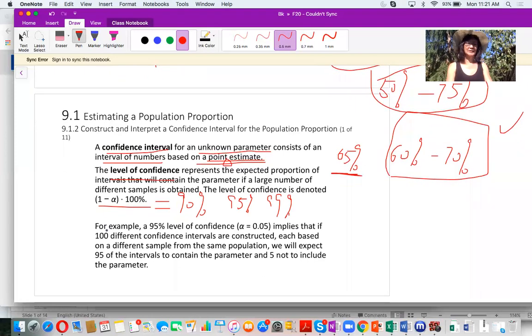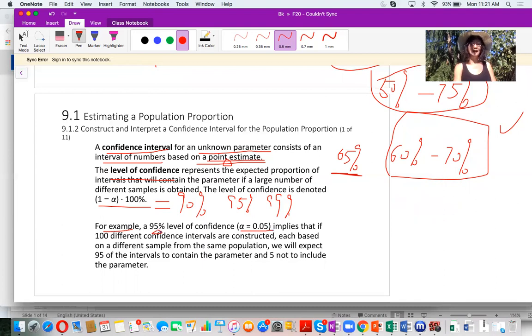So now, take a look at the example. With a 95% level of confidence, alpha equals 0.05. Remember, alpha is the significance level.